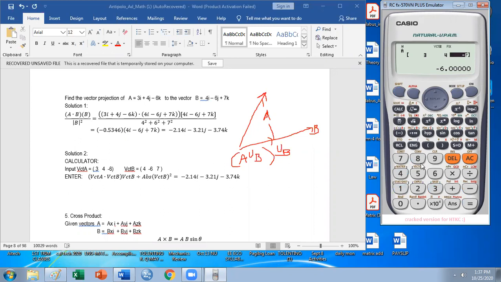Then dimension the vector B as what? As 4, negative 6, and 7. Then get the A unit vector B. Okay, A unit vector B is just, I'm sorry, this is a dot product.